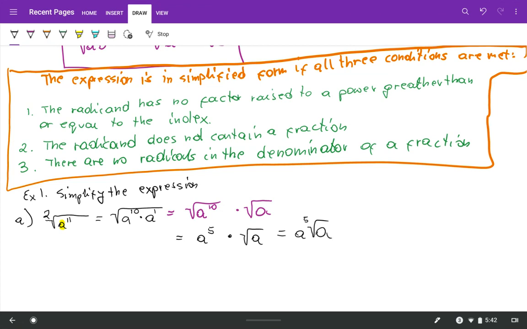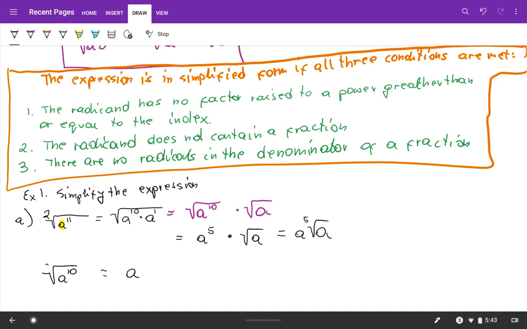Okay, and also just to show you the square root of a to the power of 10, maybe this will help you.